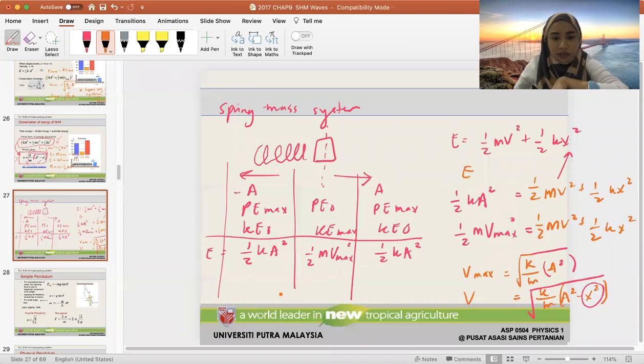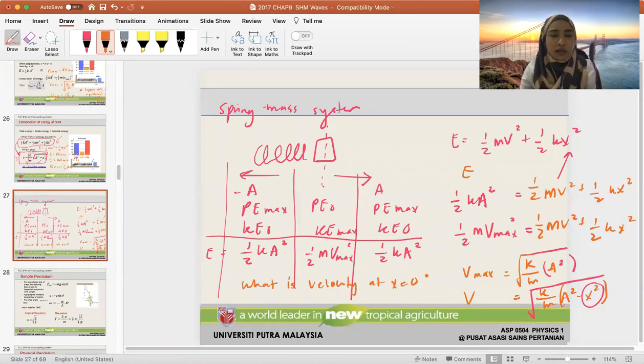Okay. Faham. So doctor, how about the equation to find the V? Okay, tadi mula-mula saya cakap kat Mazen, soalan dia cakap, what is the velocity at x equals to 0?